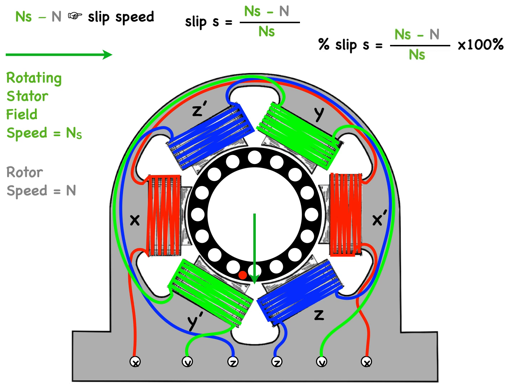It can also be expressed as a percent, where the percent slip is equal to ns minus n over ns times 100%. When the rotor is stationary, that is when n is equal to 0, the slip is equal to 1 or 100%. In an induction motor, the change in slip from no load to full load is hardly 0.1% to 3%, so that is essentially going to be called a constant speed motor.